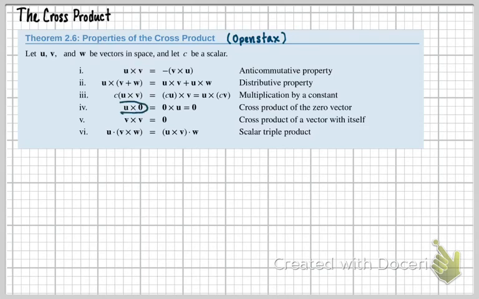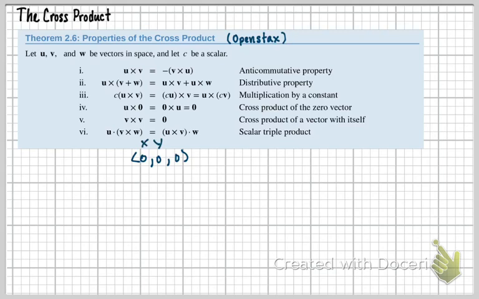When I cross u with a zero vector, I get 0. And hopefully that makes sense to you, for the simple fact that the zero vector is just going to be 0, 0, 0. And no matter how I multiply that, I'm always going to end up with just a bunch of zeros back, even when I think of it in terms of the cross product.